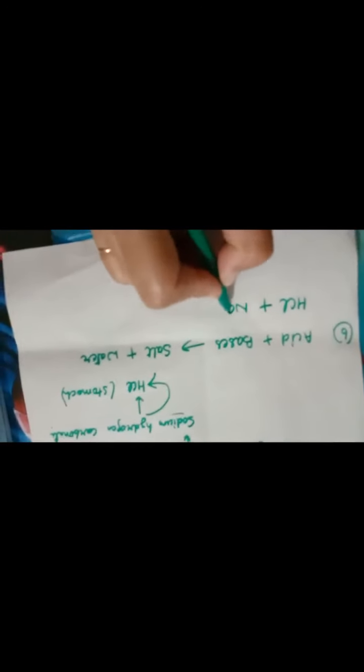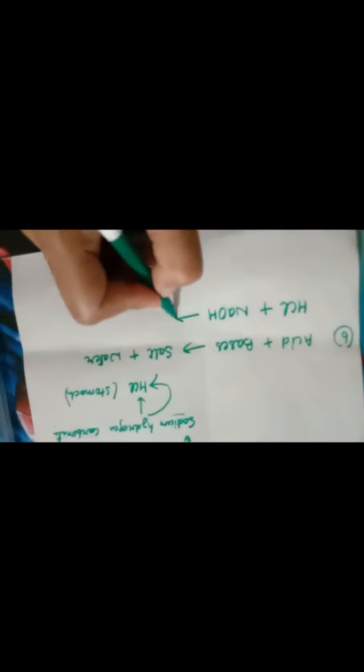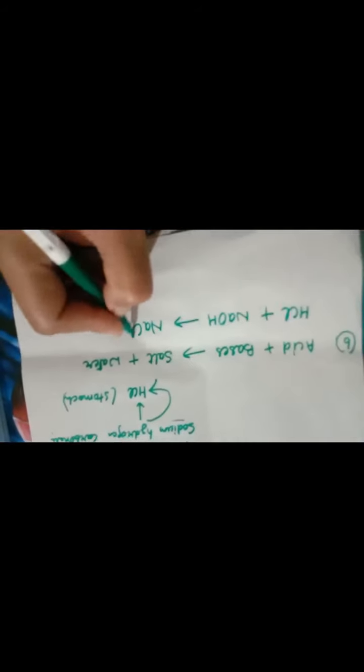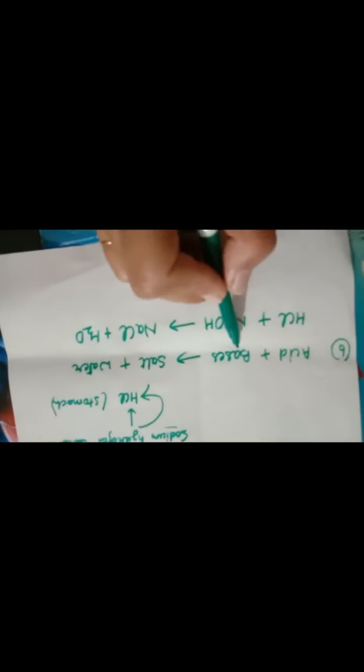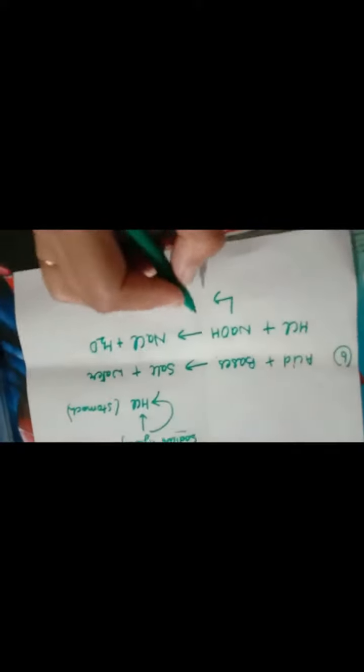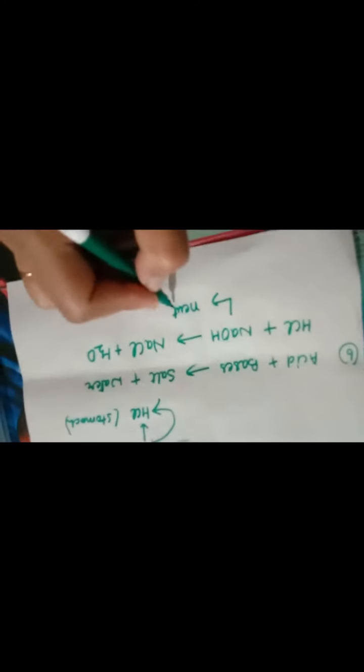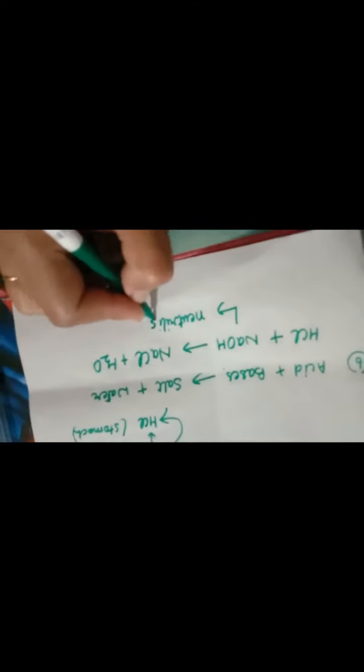So its example is acid is our HCl, base is our NaOH. Both react with each other to form NaCl, a salt, and water, and in this reaction both acid and base neutralize each other's effect. So that is called a neutralization reaction.